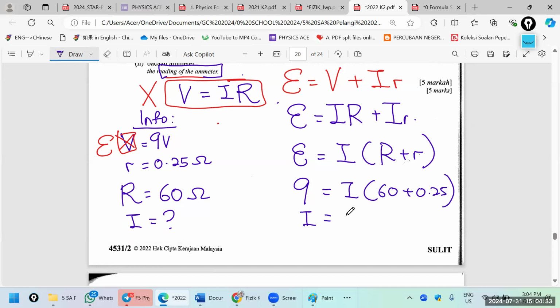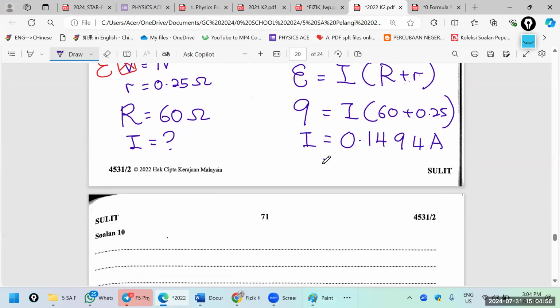So I equals 0.1494 ampere, or 0.149 ampere. What do you think? 0.15? Wrong.